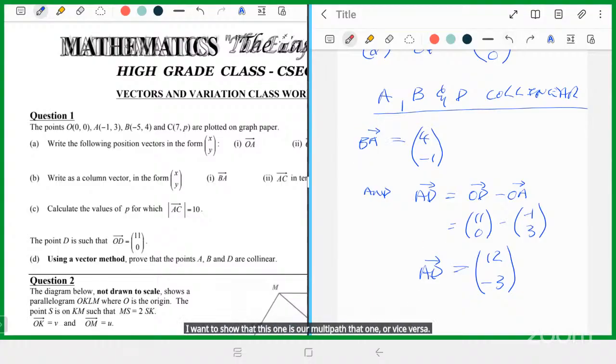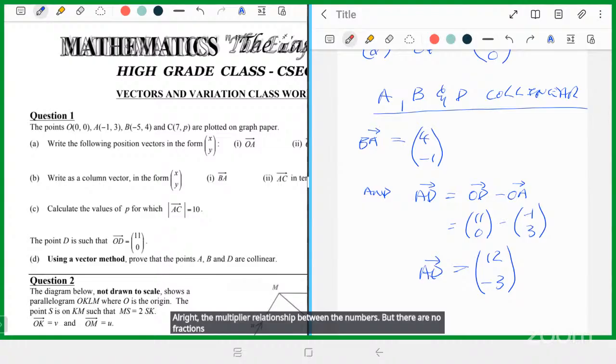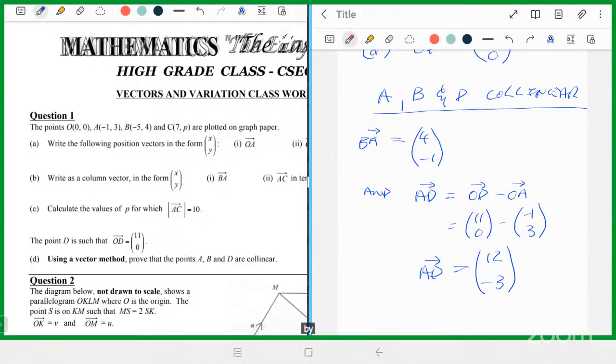And the process says, first step is to get rid of any fractions, because fractions make it difficult to see the multiplier relationship between the numbers. But there are no fractions here. The second step is to multiply the smaller vector by a number that will make it equal to the larger vector. So this is a smaller one. And we can see that if we multiply this one by 3, it becomes equal to that.